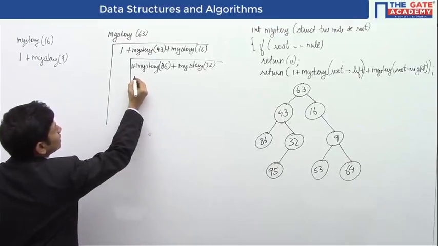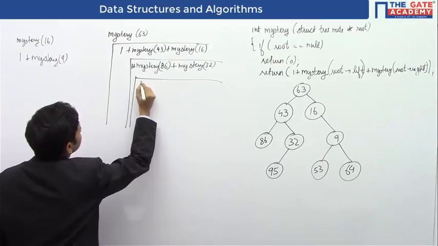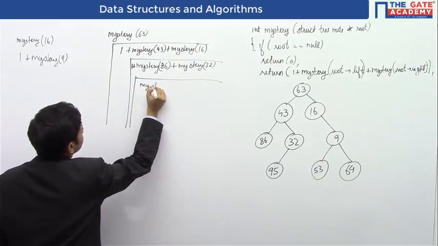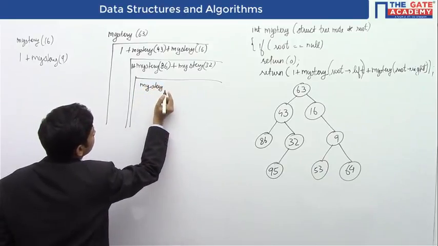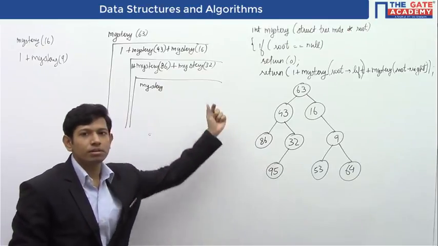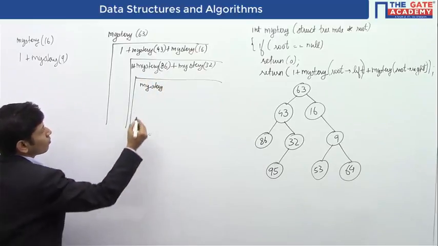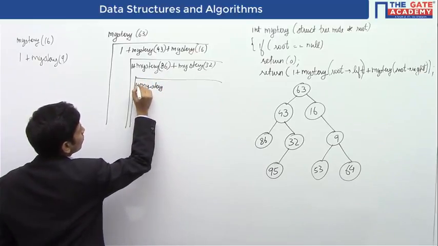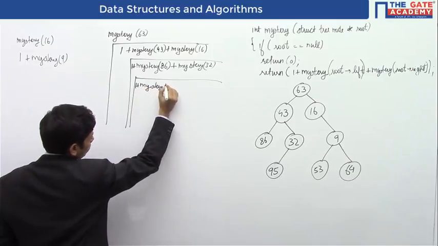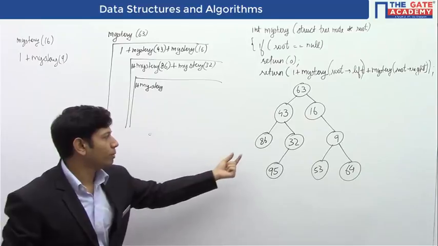So let's see, this becomes, since there is no left, no right, it will be only 1 like this. So this one we have obtained from 86.